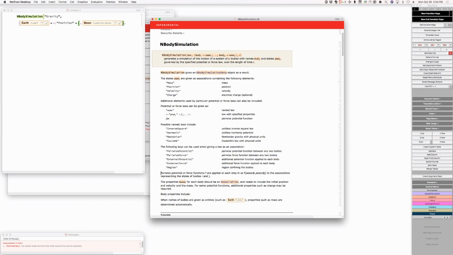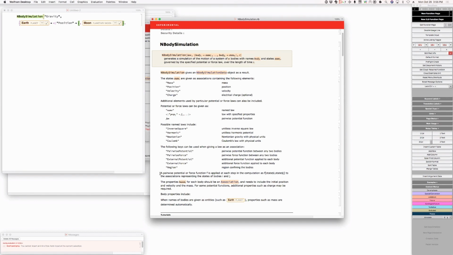Given a pairwise or potential force function F, it is applied at each step in the computation to... you see what I'm trying to say? Because we want to show this F of state 1, state I, state J. Yeah, but using step is a little off; it's actually applied more than that.